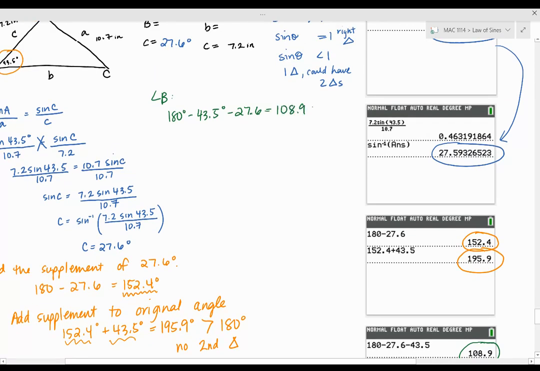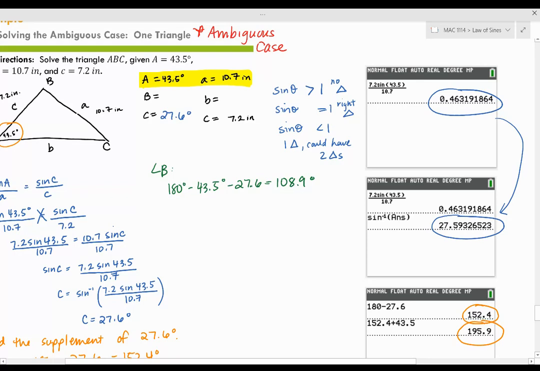That's the measurement of my second angle, 108.9 degrees.